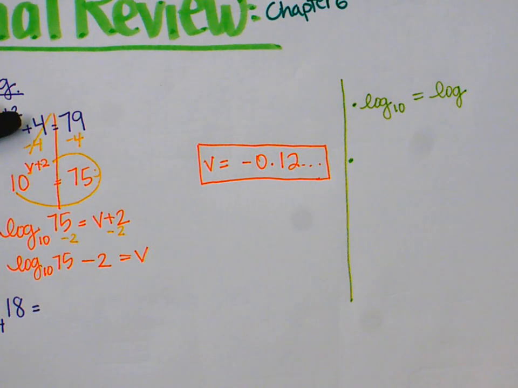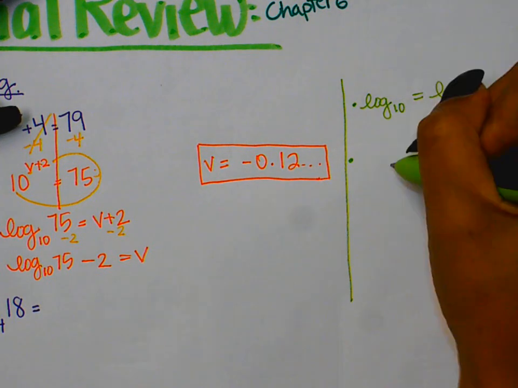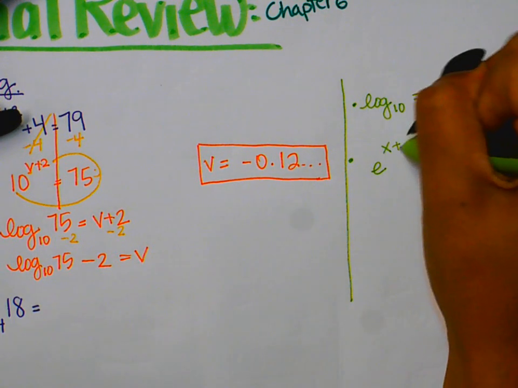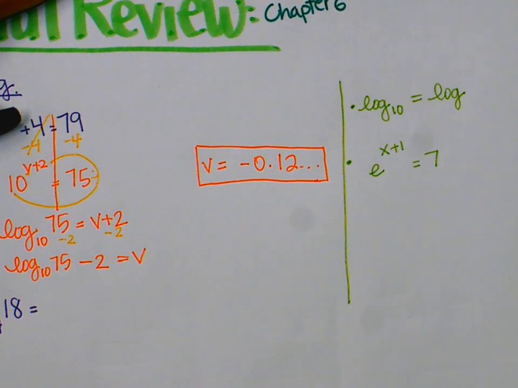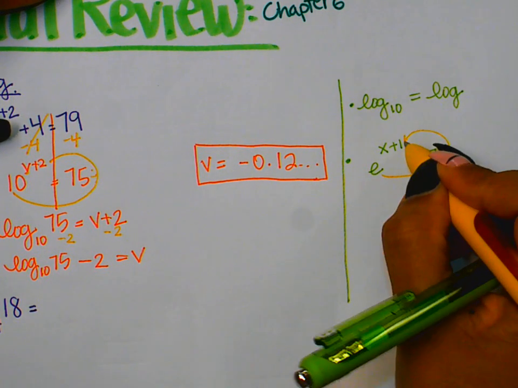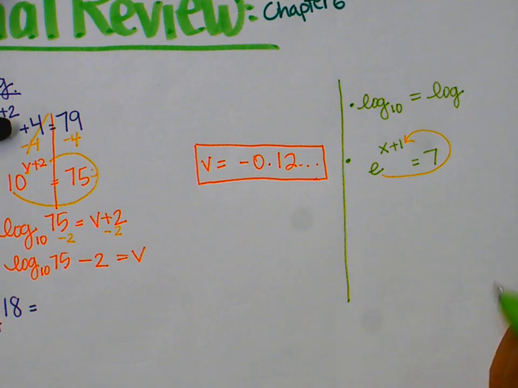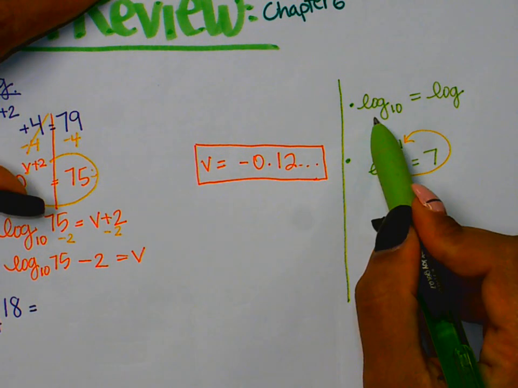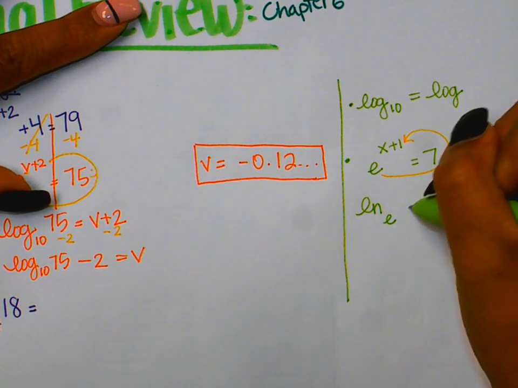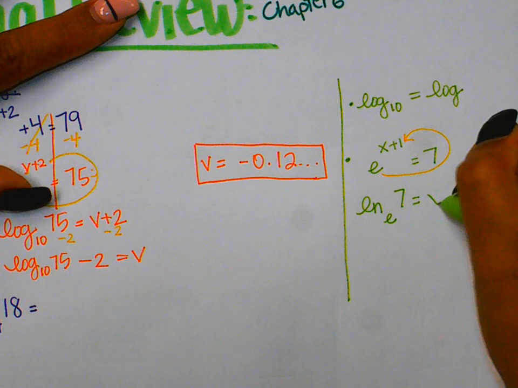Another thing is, say for example, we have e to the x plus 1 is equal to 7. You would still do this, right? But the e would go with natural log. It doesn't go with log. So you would do ln base e of 7 is x plus 1.